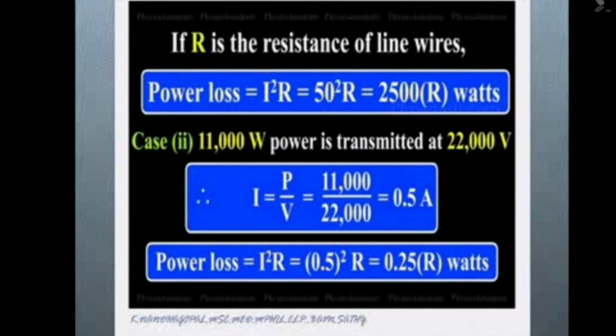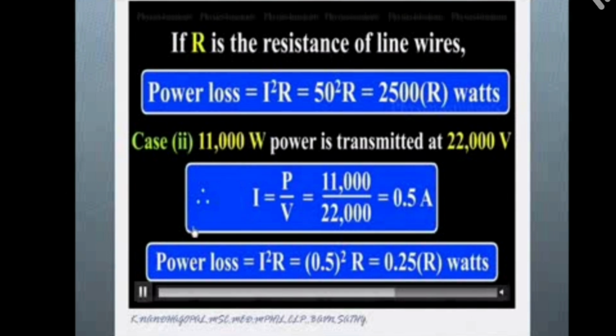By increasing that to 22,000 volts, see here, the flow of current is equal to 0.5 ampere. So the loss is 0.25 R. See here, transmitting at 220 volts gives this much loss, while at 22,000 volts it is this much. So transmitting at high voltage, the energy loss is less.